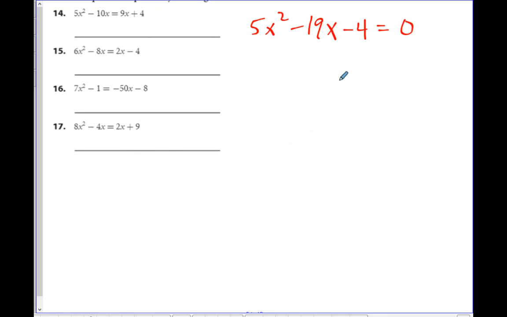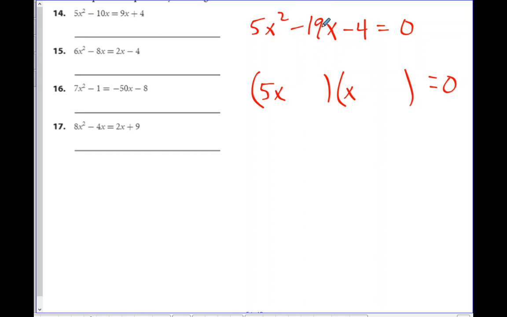Alright, so now we've got our trinomial. Any GCF? No. So I now want to think, alright, how can I factor it into two binomials? Well, you can only get 5x squared by 5x and x.